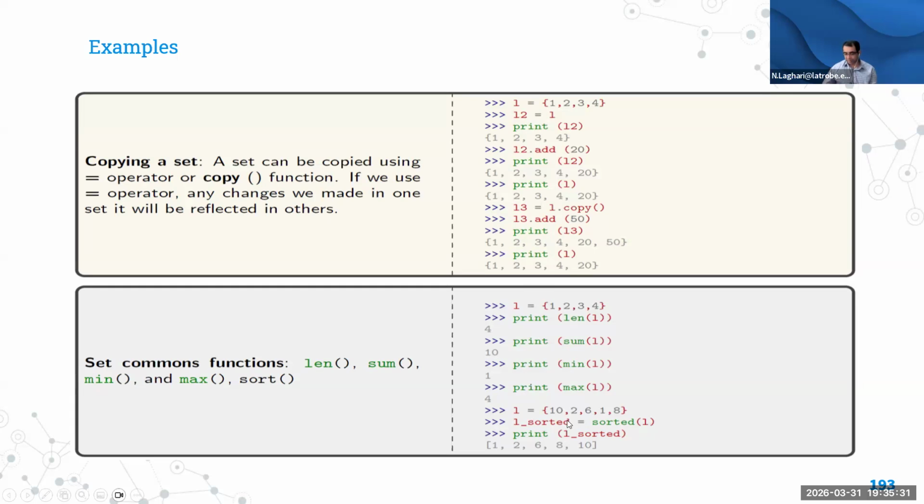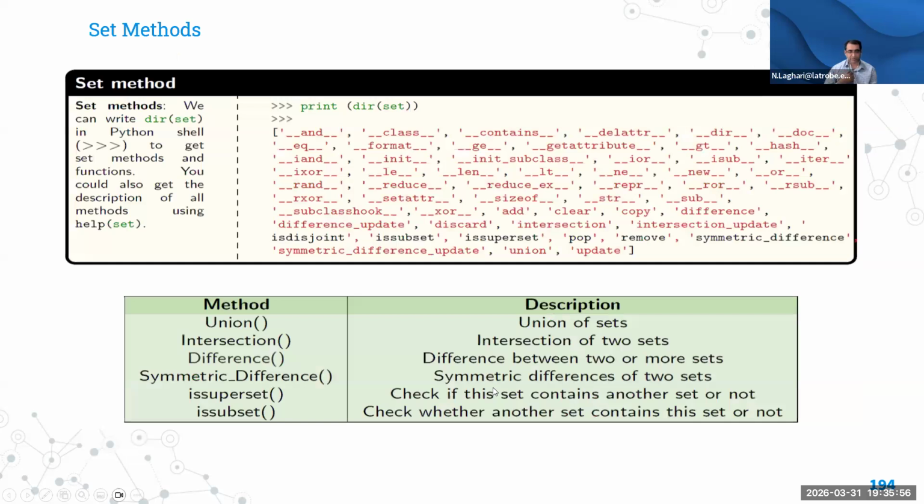And the returned data structure is a new list, and a list, we know, can be sorted. So if we want to keep the data in a certain order from the set, we want to use lists. There is no direct way for that.